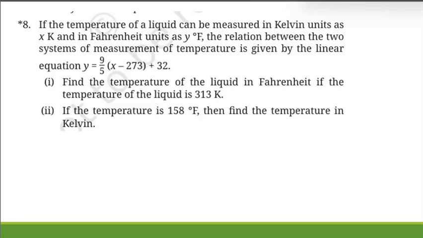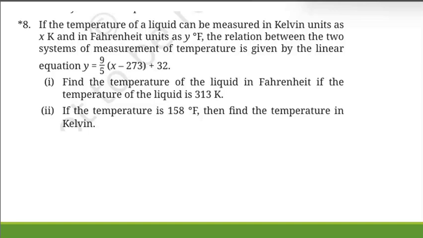Find the temperature of the liquid in Fahrenheit if the temperature of the liquid is 330 Kelvin. So the value in Kelvin is given. You have to find the value of Fahrenheit. Now what about the next part? If the temperature is 158 Fahrenheit, you have to find the temperature in Kelvin.